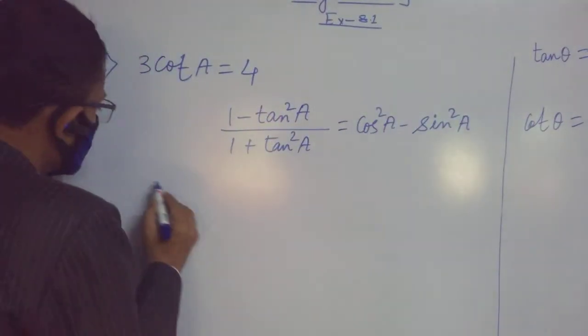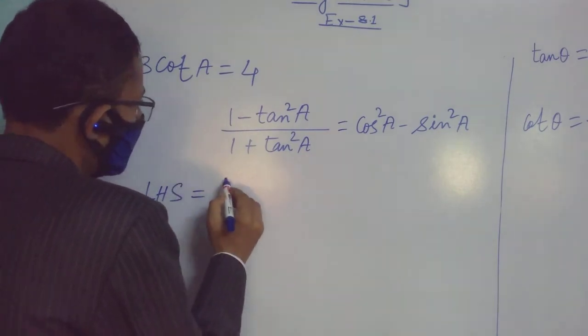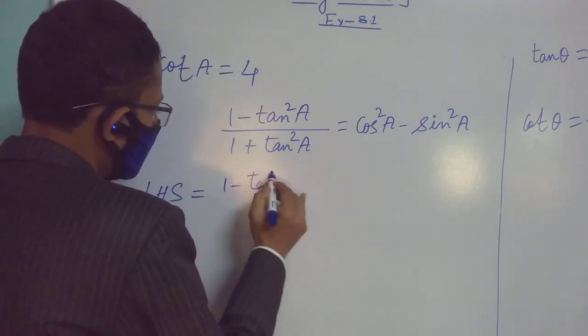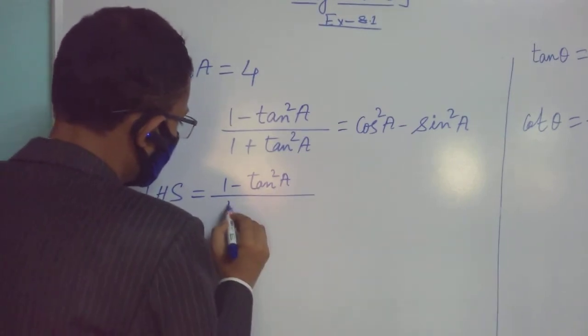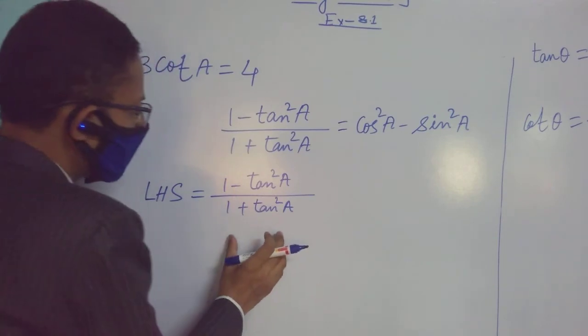So left hand side, 1 minus tan square A by 1 plus tan square A. Now how to proceed further?